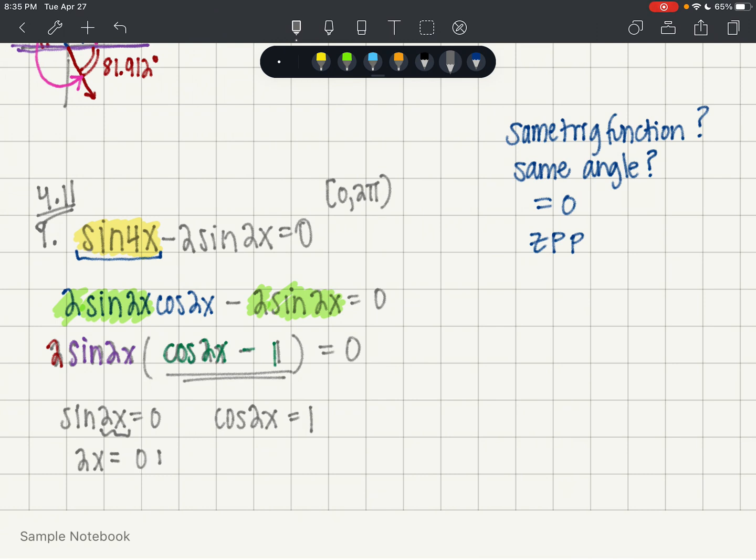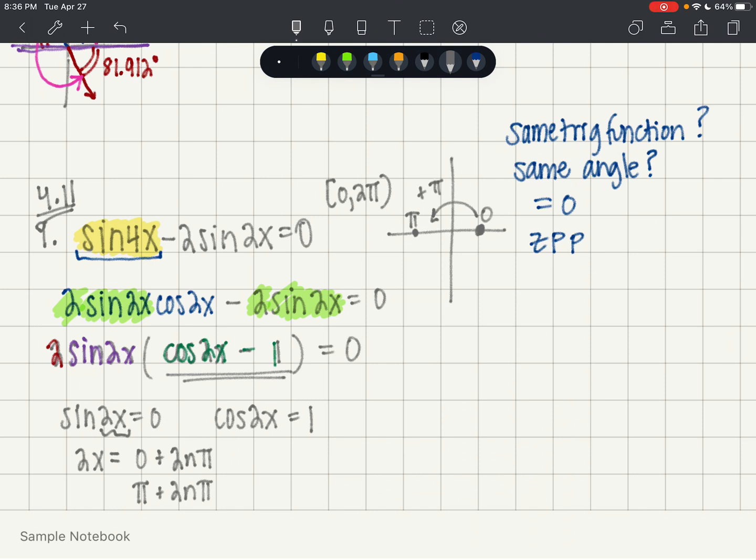Well, it would have to be 0 plus 2n pi, or pi plus 2n pi. But if we notice where 0 and pi are, we don't have to go from 0 and then all the way around. We can go from 0 to pi just by adding an n pi.